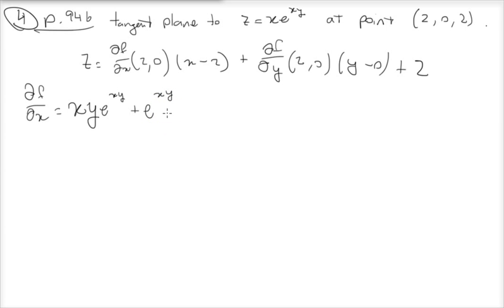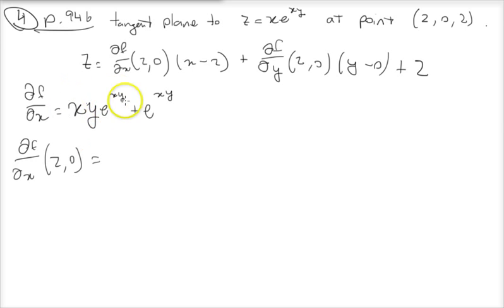Now we plug in the point 2, 0, because we're taking this partial derivative at the point where we're finding the tangent plane. We plug in the 2's and 0's for our x's and y's.